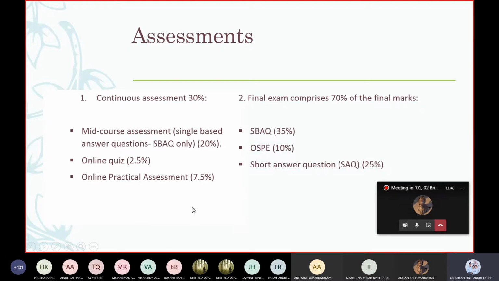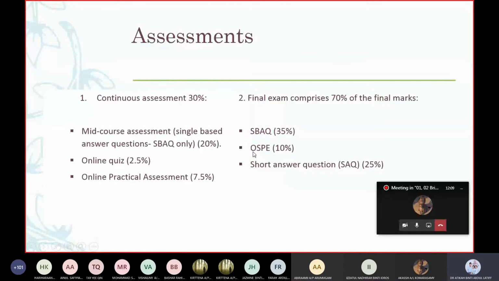Okay, so mid-course, quiz and practical assessment will contribute to your continuous assessment, which is 30%. And for final exam, it will be divided into 3 parts. Your SBAQ will carry 35%, your OSPI will carry 10%, and short answer question will carry 25%.